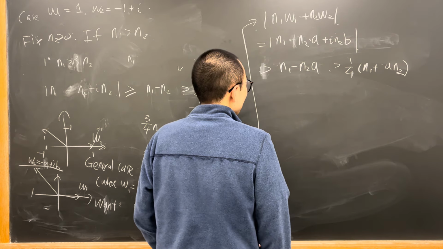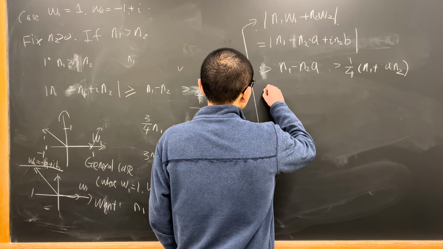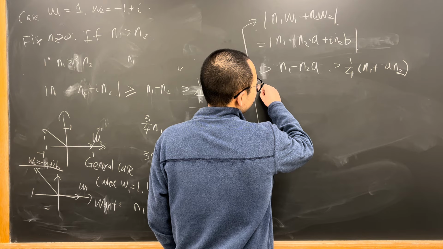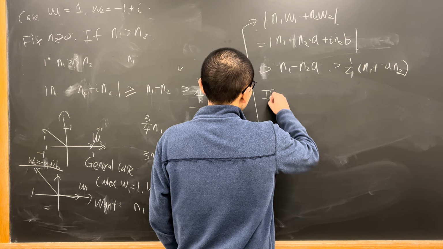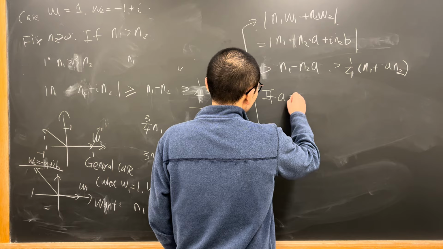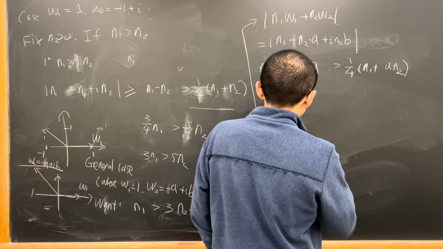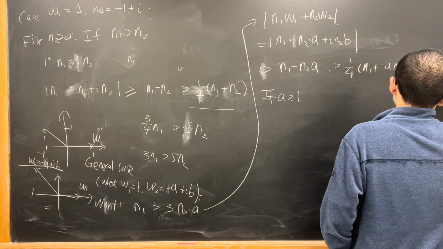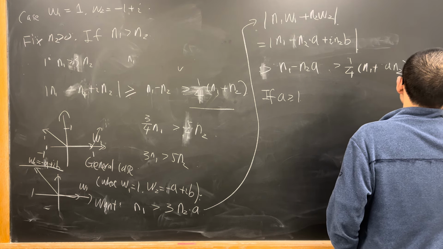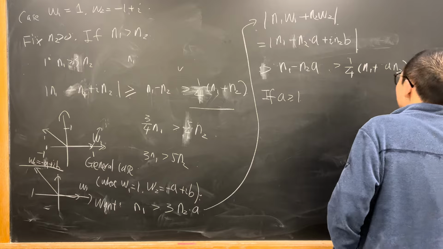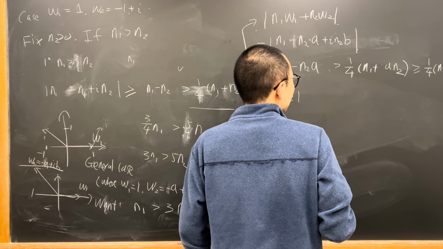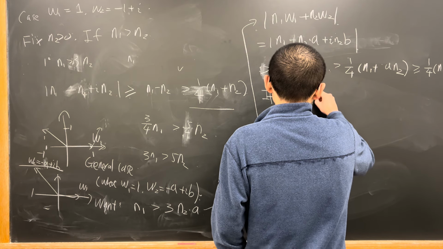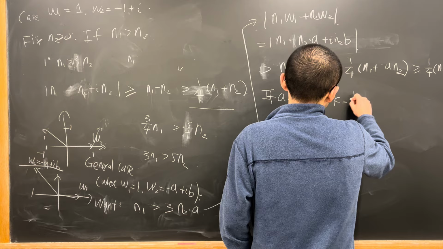Okay, so maybe I'll use this. If this A is bigger than or equal to 1, then this guy is just bigger than or equal to 1 over 4, right? And then we're done. So the constant is just 1 over 4.